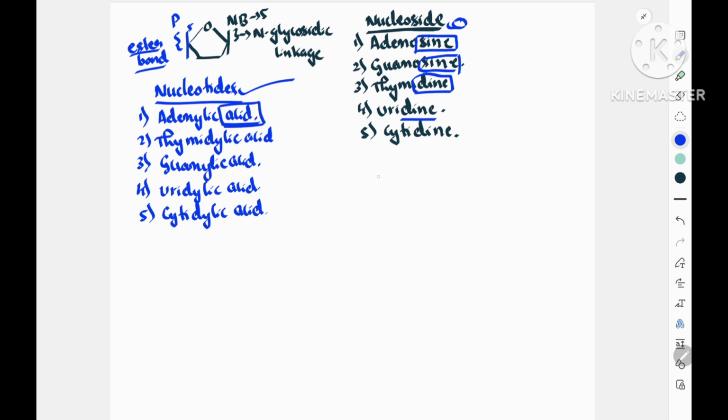And here one nucleotide structure is given in your textbook, that is of adenylic acid. So the structure goes like this. Here is adenine, and here is the phosphate group linked with it, OCH2. Here phosphate, double bond O, OH, and here is OH, and here is the ester bond, here is the N-glycosidic bond.